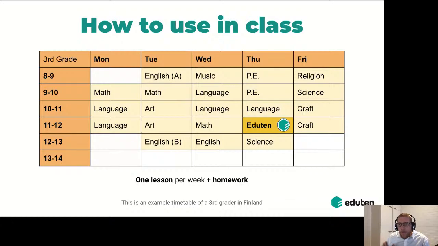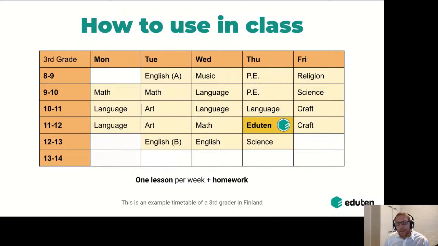And how we propose teachers start using this platform in class: we propose 1 lesson per week plus homework. So the proposition is to have 1 math lesson in school per week plus homework. And here in the slide you can see an example timetable from a 3rd grader in Finland. Yeah, I know our days are really short.